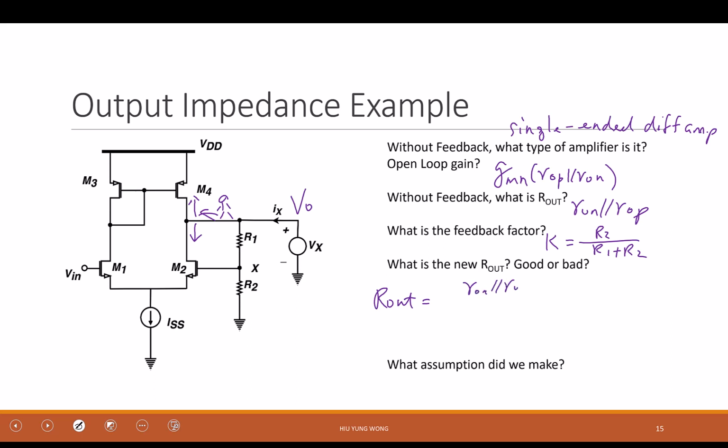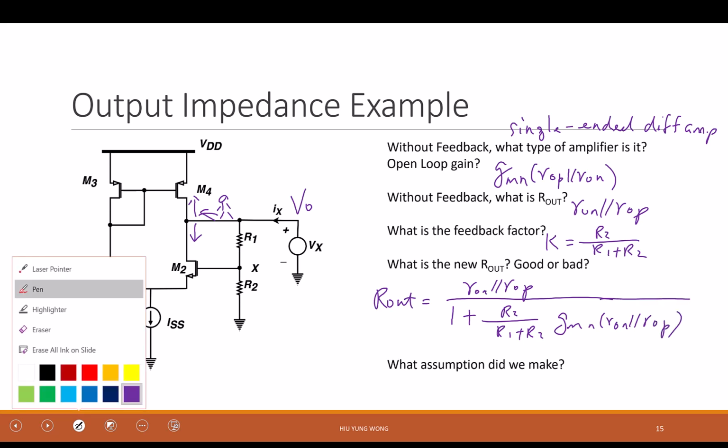RON parallel ROP divided by 1 plus K, and then times GM RON parallel ROP.